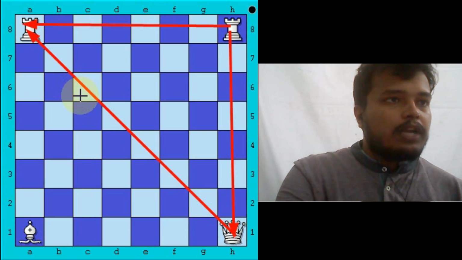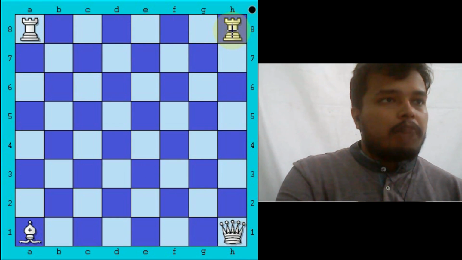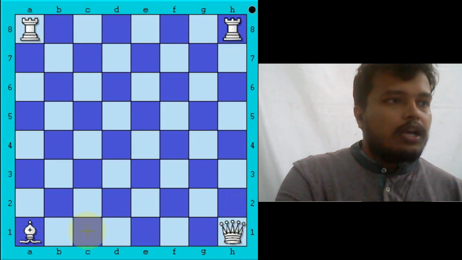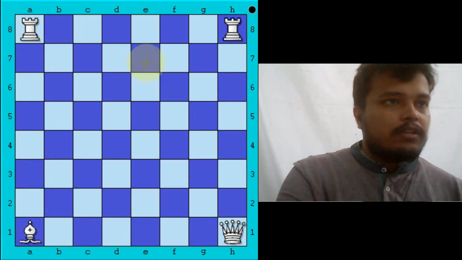So the number of attacks on a8 is 2, and the number of attacks on the h8 is 3, and the number of attacks on the h1 is 1, because the rook on the h8 attacks the h1. And the number of attacks on the a1 square is from the rook and the queen, so 2 attacks.